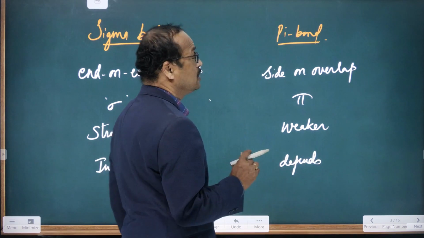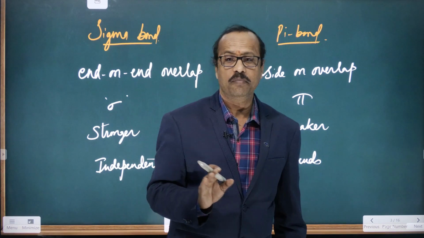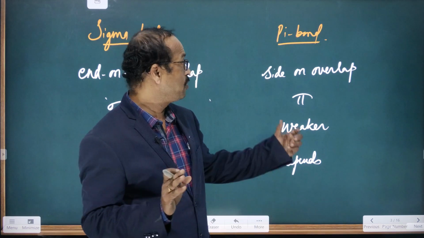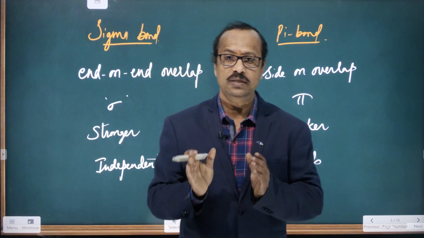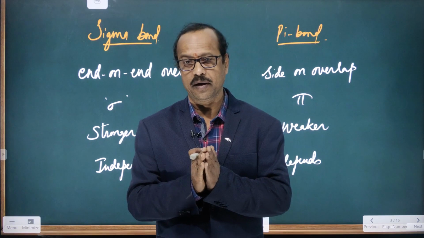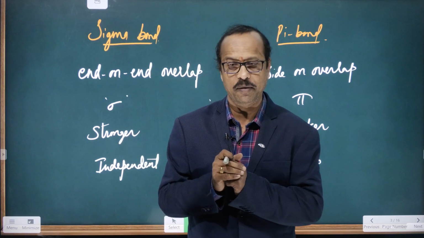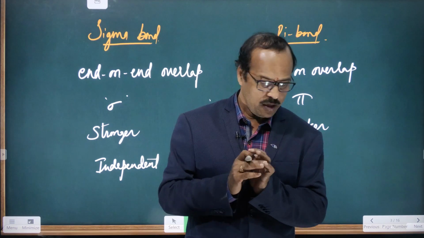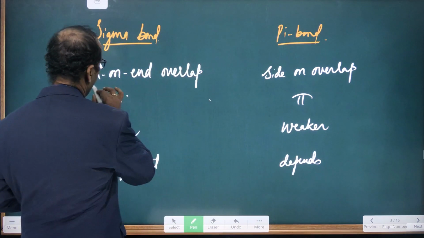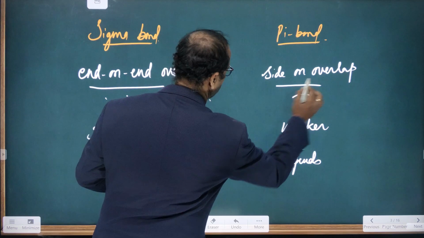That means a pi bond cannot form independently. The sigma bond can form independently, and only after the formation of the sigma bond will the pi bond be formed.